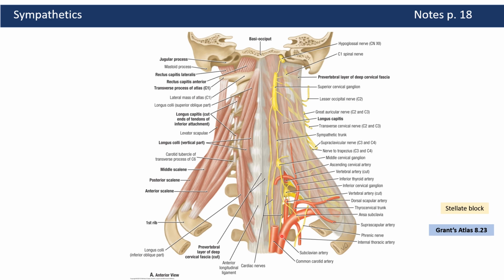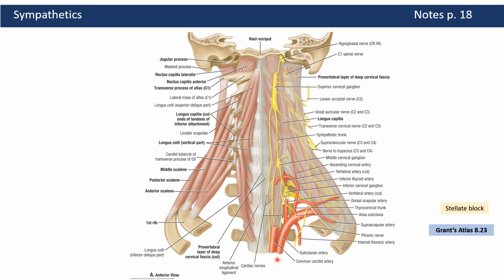You'll find the stellate ganglia near the origin of the vertebral artery, immediately posterior to that. And then there's an inferior cardiac nerve that travels to participate in the cardiac plexus. So a stellate block would be the injection of anesthesia at that cervicothoracic or stellate ganglia in the event that there is a procedure, for instance, that needs to be done.